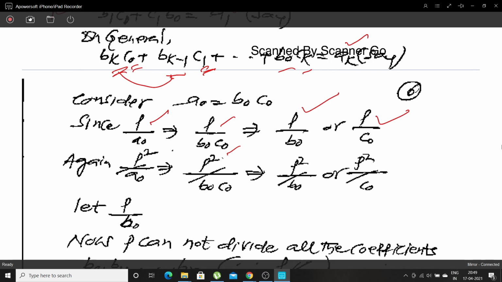Again, by the statement, p divides a0 but p square does not divide a0. That means p square does not divide b0 c0. That indicates p square does not divide b0 or p square does not divide c0.